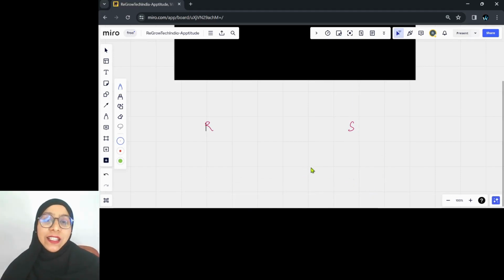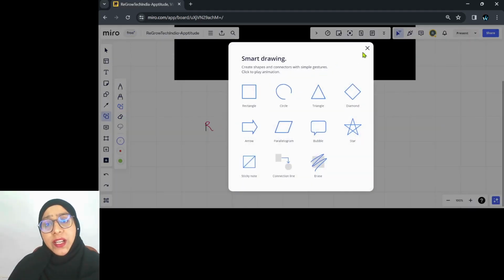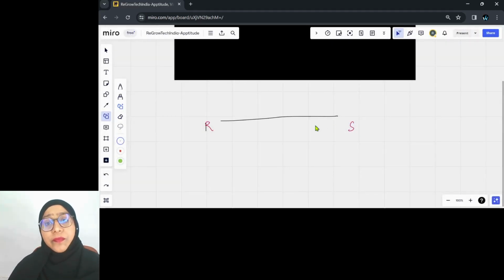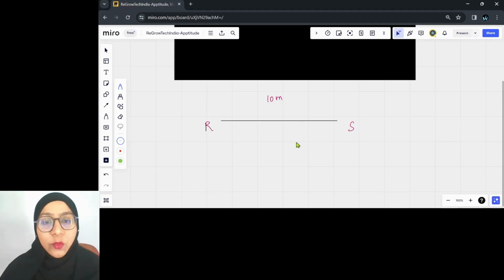So let's take that as an example. I'm going to say for this example that Raj and Simran are at a distance of say 10 meters from one another. I understand they were apparently kilometers away, but we are taking this as an example.